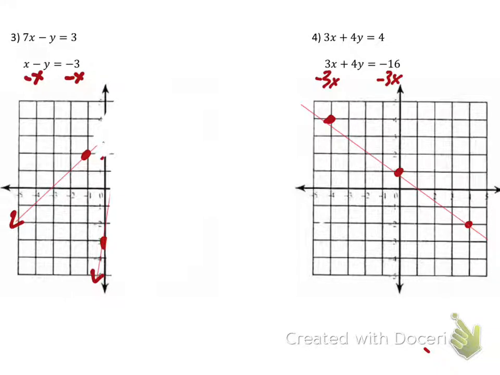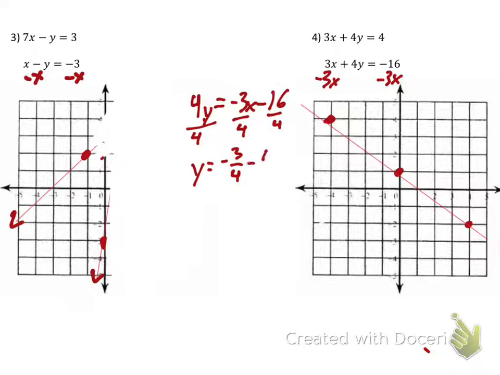So what I'll get is 4y is equal to negative 3x minus 16. I'm going to get y by itself, so I'm going to divide by 4. So I'm going to divide everything on the other side by 4. And I'm going to get y is equal to negative 3/4, and then minus 4.